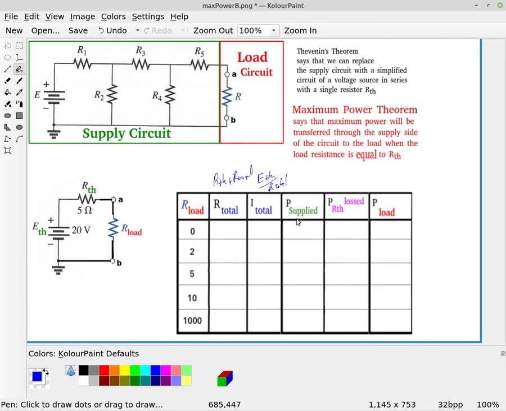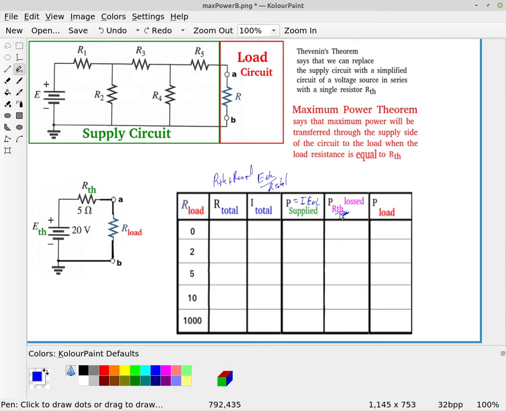And then we're going to calculate the powers. So we're going to calculate the power being supplied, which is I total times E Thevenin, right? Power law. And we're also going to calculate the power being lost in the resistance here, or in the supply circuit. Remember that R Thevenin is actually representing all of this that we're doing in the supply circuit.